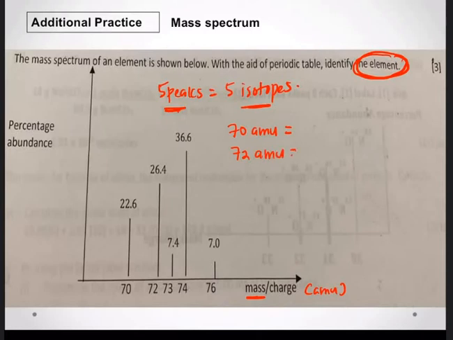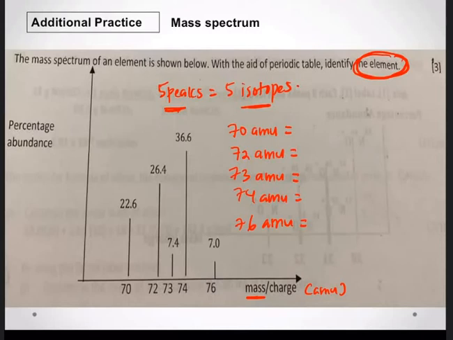Okay. Lepas tu 74. Okay, number 4, 75 AMU. And last but not least, 76 AMU. Okay, so yang mana paling banyak? Most abundance? 74.